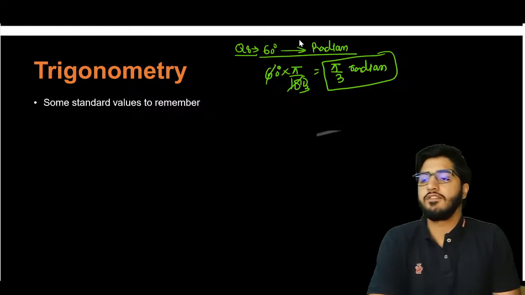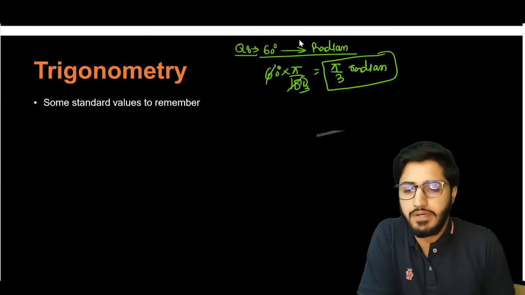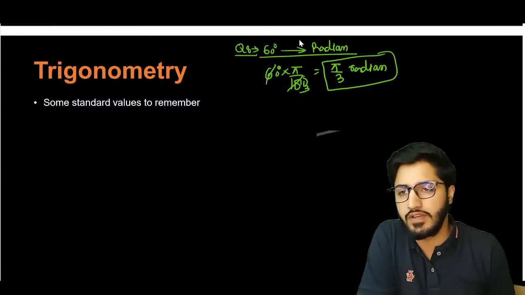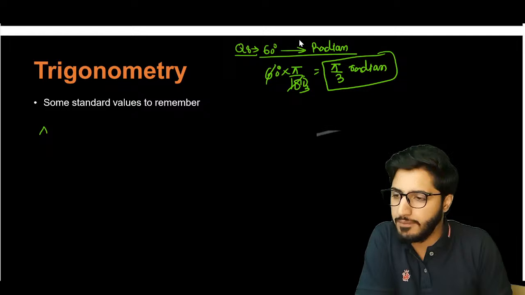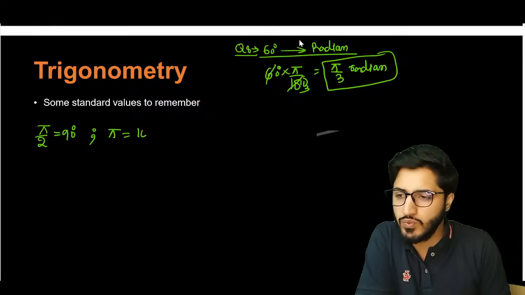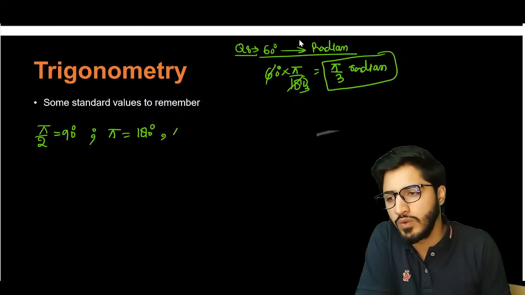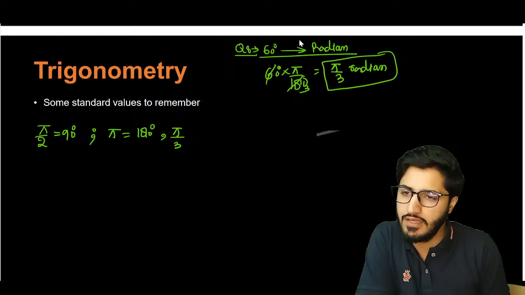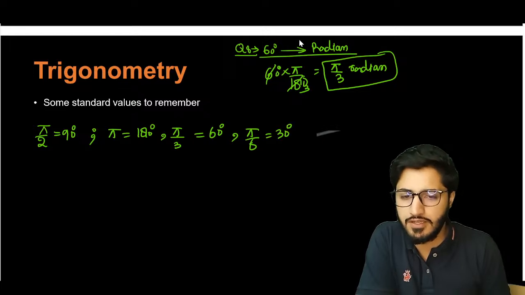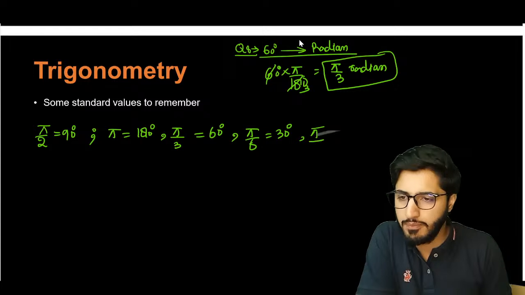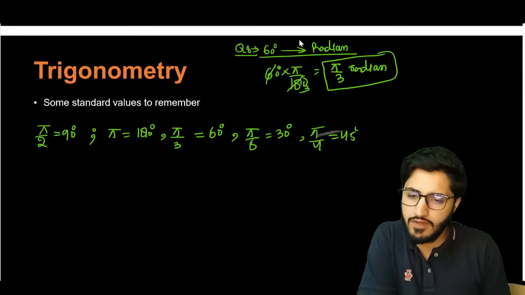Now we have some standard values that you must remember to get your answer in a very quick way. Pi by 2 is 90 degree. Pi is 180 degree. Pi by 3 is 60 degree. Pi by 6, 30 degree. And pi by 4, 45 degree.